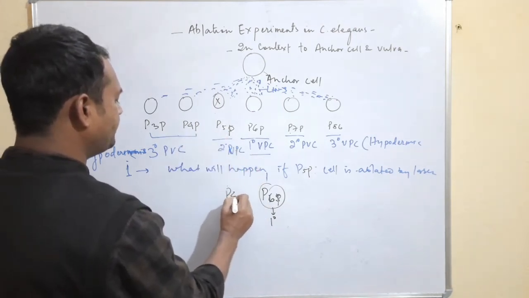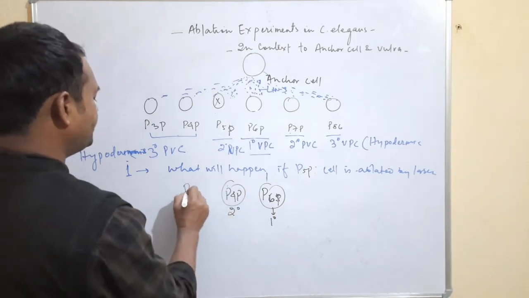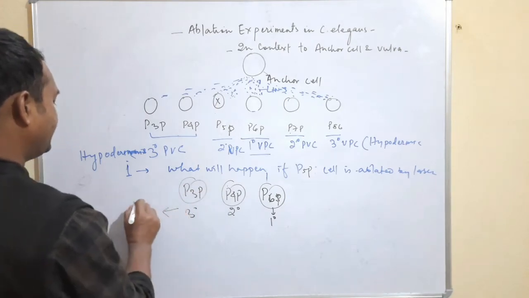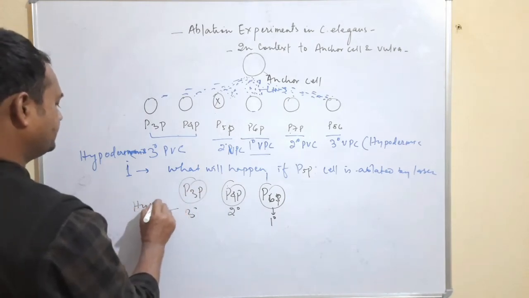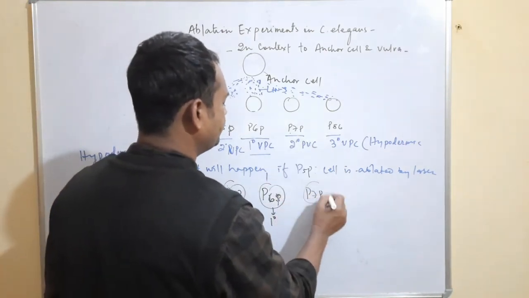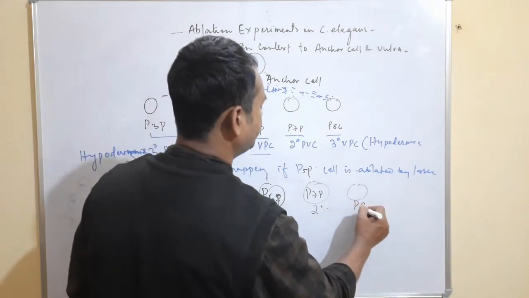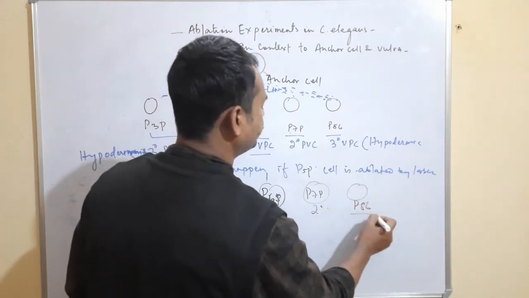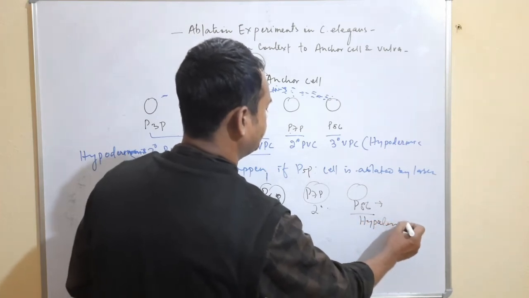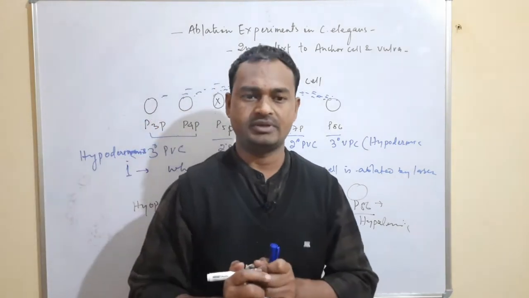The P4.p will acquire the secondary fate and the P3.p will acquire the tertiary fate, that is the hypodermis. And the remaining, the P7.p again will acquire the secondary fate and the P8.p will acquire the tertiary fate, that is the hypodermis formation. Means the P5.p will be replaced by the P4.p.